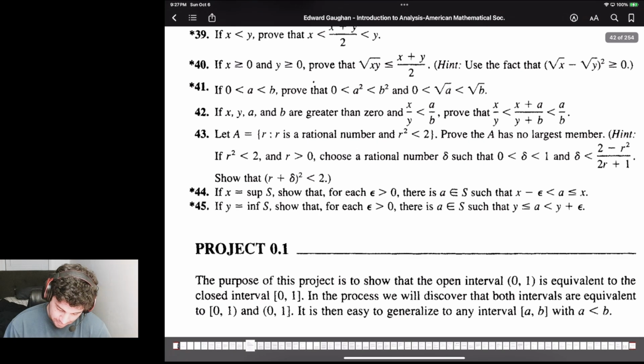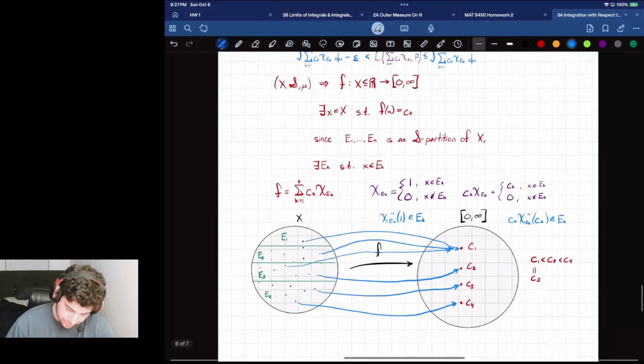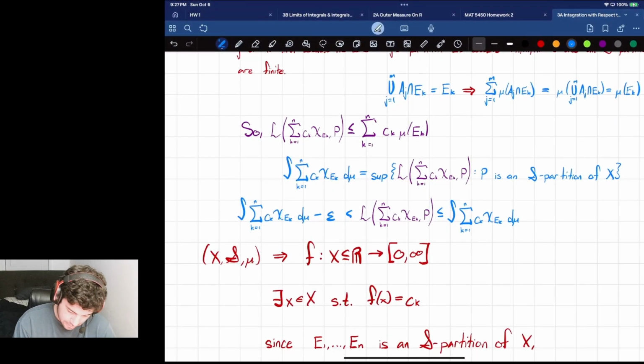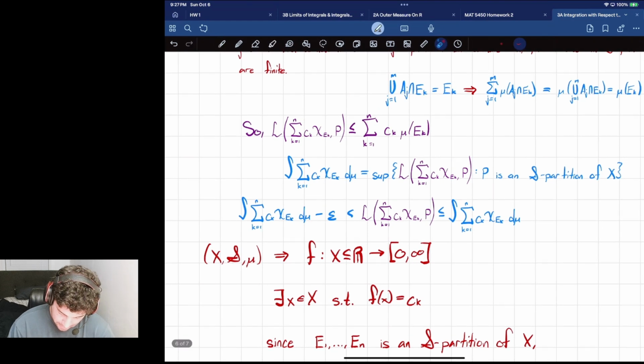For each epsilon, there is an element in S. So what we have here is that this integral minus epsilon is less than the Lebesgue lower sum, but these are tied together, right?